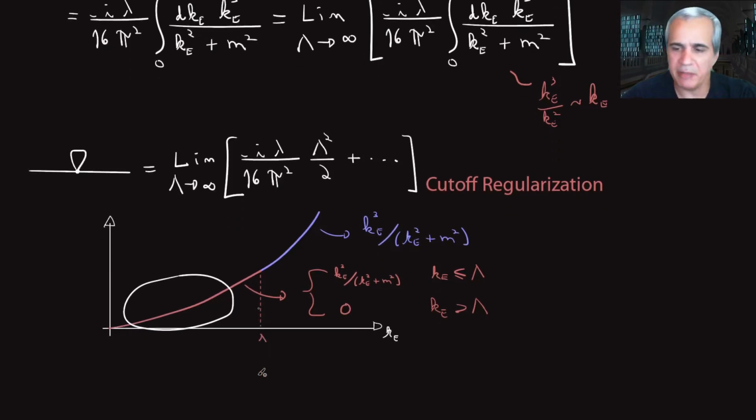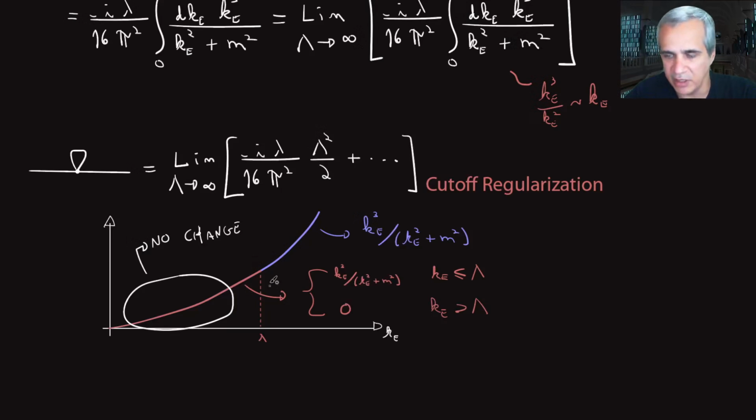So I'm keeping my low energy physics the same, no change here. But of course, my results now depend on this parameter Lambda. One would hope that eventually you can get observables that are independent from this, because this is totally non-physical. But there is a physical reason we expect that to actually happen.